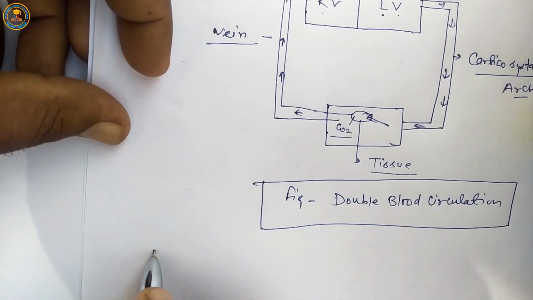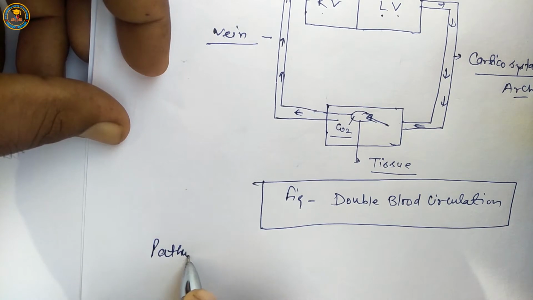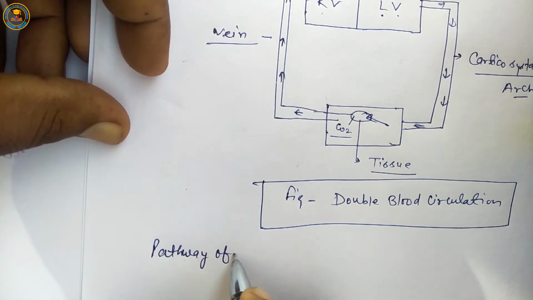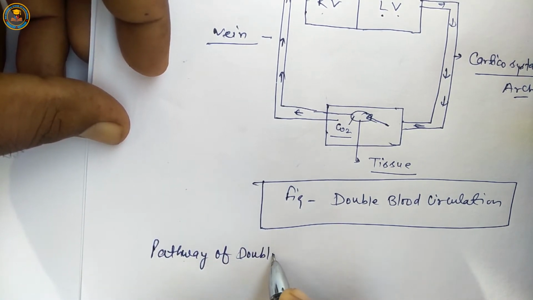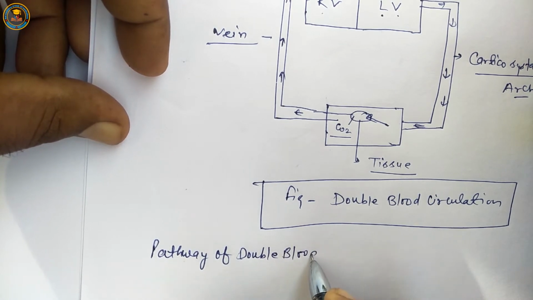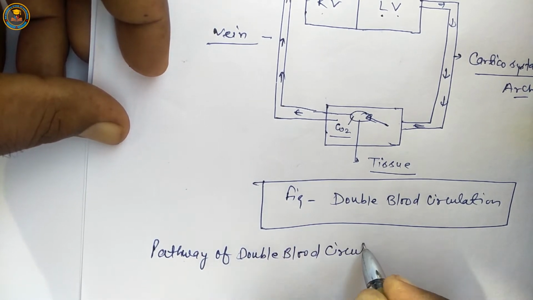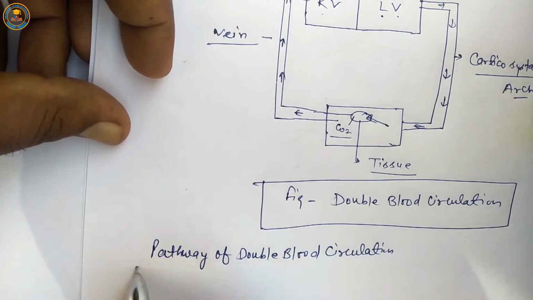Next is the pathway of double blood circulation.